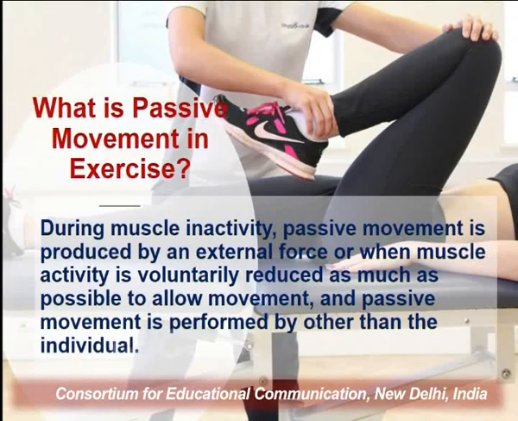Now let's start with passive movement and see what is passive movement in exercise. So during muscle inactivity, passive movement is produced by external force, when voluntary muscle activity is reduced as much as possible to allow movement, and passive movement is performed by someone other than the individual.